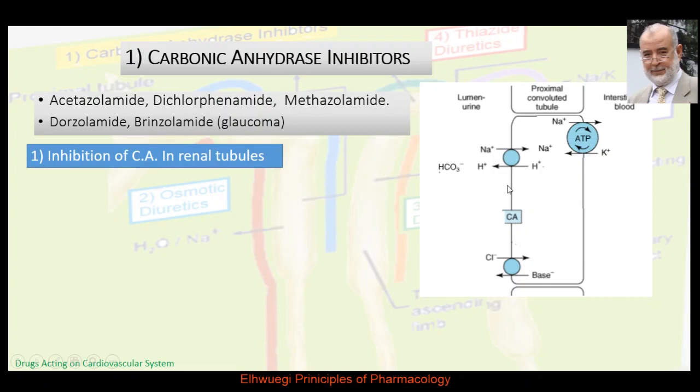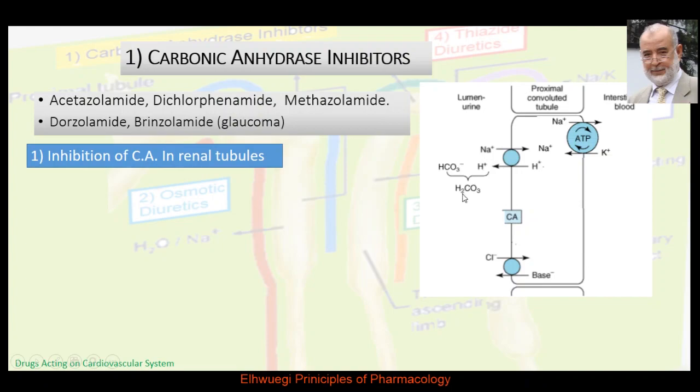So how is it reabsorbed? We have said that most of the bicarbonate is reabsorbed in the proximal tubule. How does this happen? Bicarbonate, which is present in the urinary filtrate, binds with the proton, the hydrogen ion that is exchanged for sodium, as we have said.